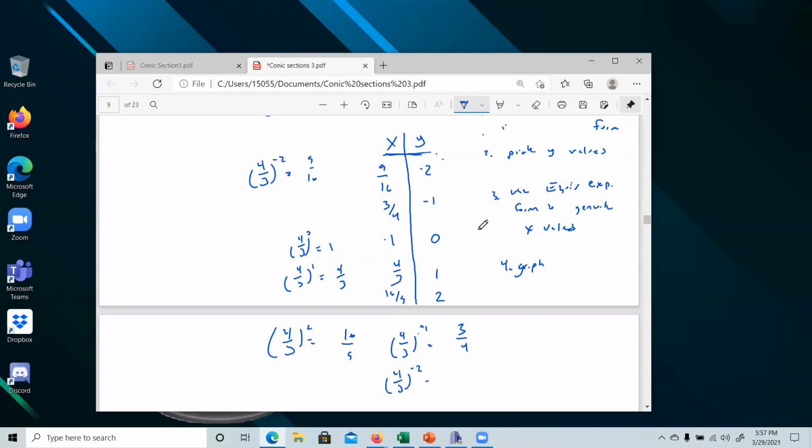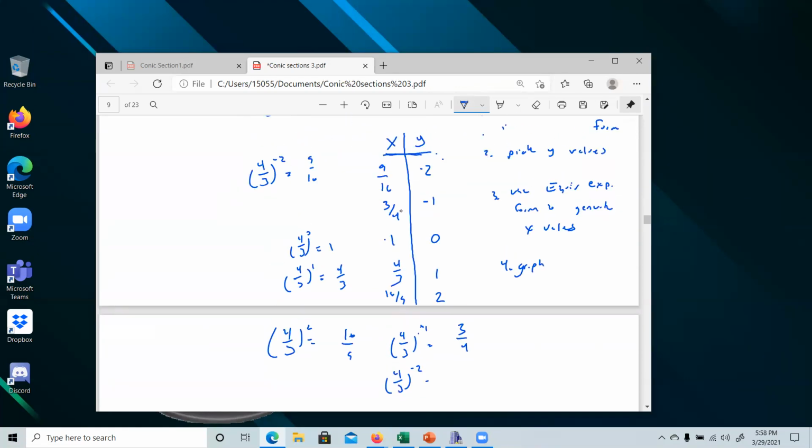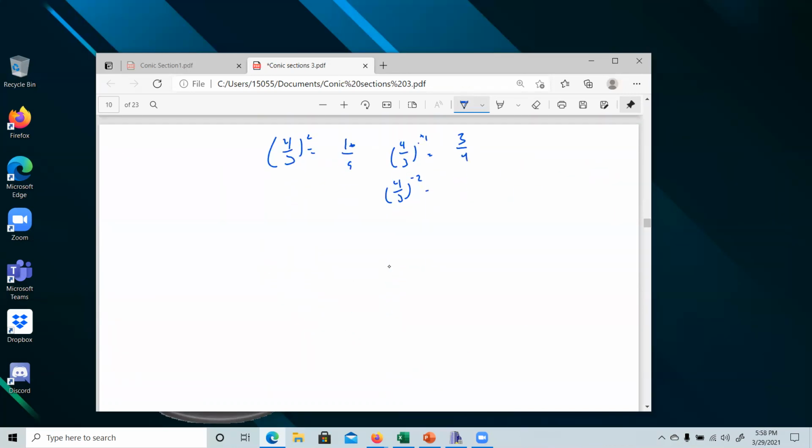Okay, so let's go ahead and graph. Notice my x values are all positive. The domain for a logarithm is just the positive values of x, so this is going to take place in quadrant 1 and quadrant 4.